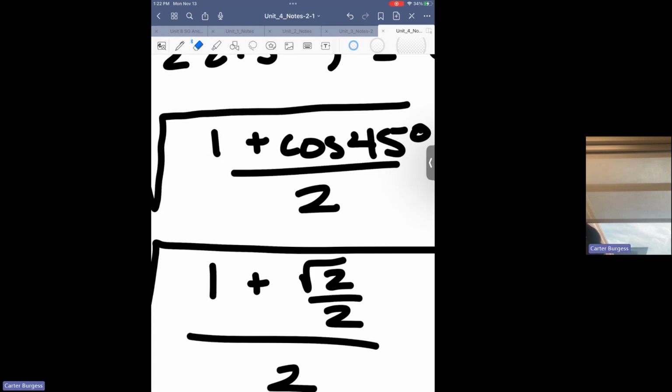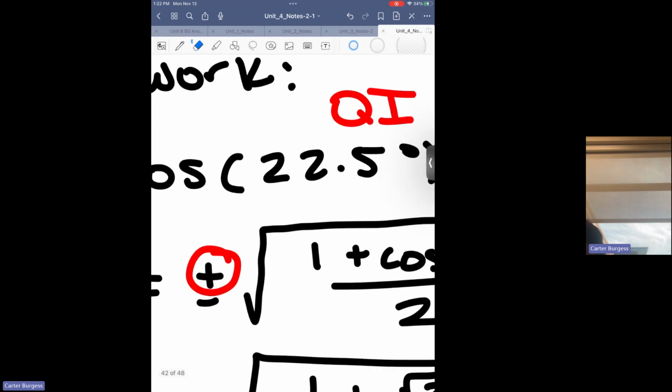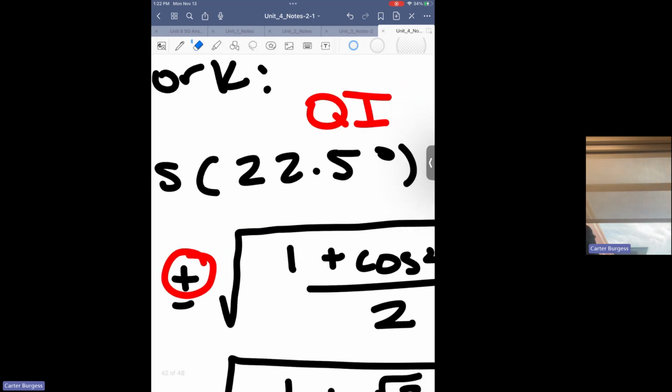This stays positive because cosine of 45 is positive root 2 over 2. On the outside, this is positive because of 22.5 being a quadrant 1 angle. So completely independent, well, maybe not completely independent, but largely independent from one another. We are using two separate pieces of information here to determine these.